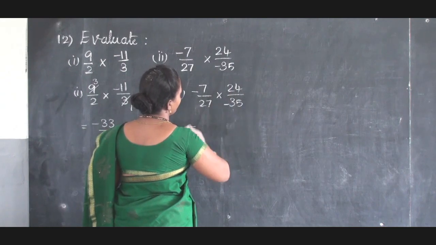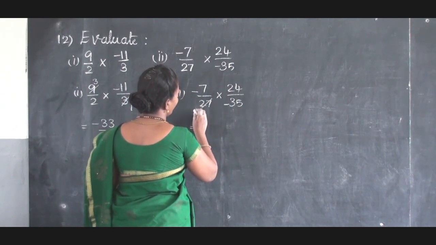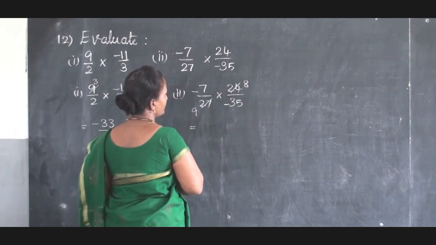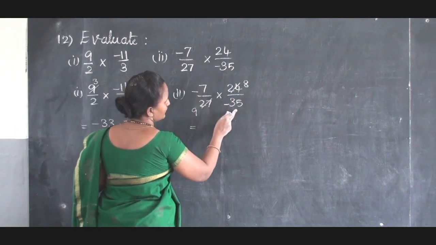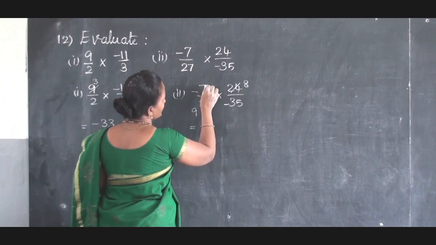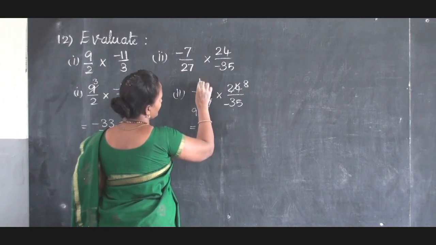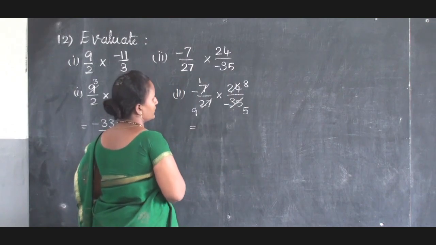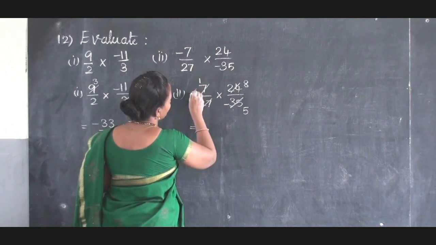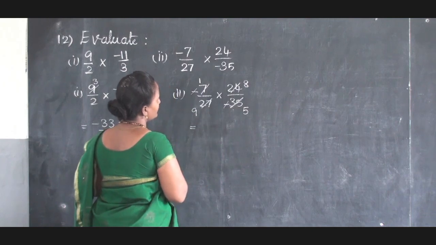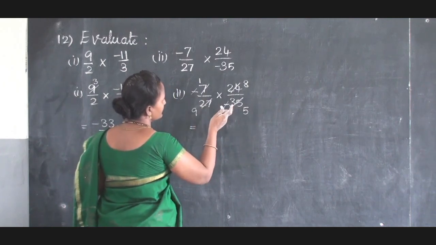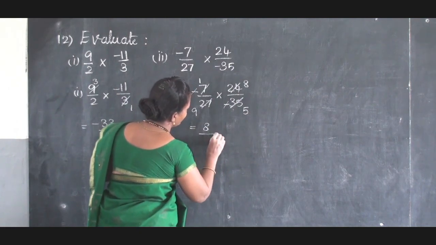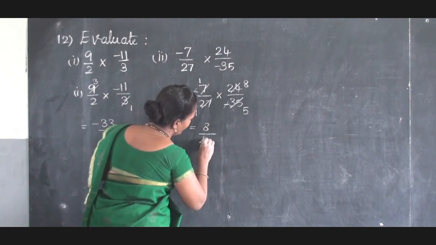Both are in the 3 table. 9 threes are 27. 8 threes are 24. Here 7 table: 7 ones are 7, 5 7s are 35. Minus also cancelled. So 1 into 8, 8. 9 5s are 45.